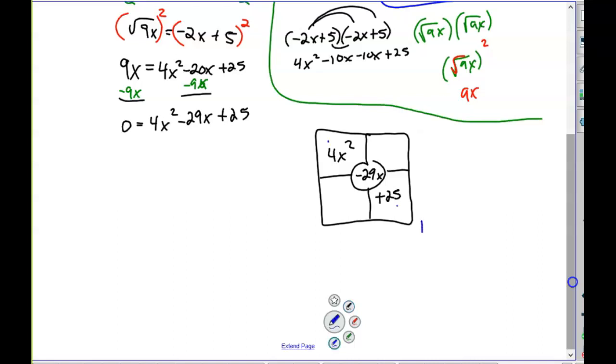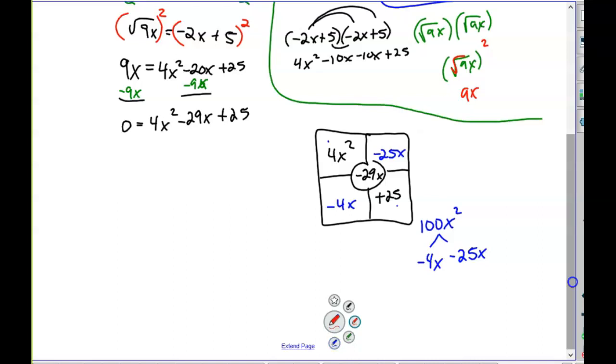So we'll multiply our two corners. And I'm thinking, what are the factors of 100 that add up to give me negative 21? And that's 4 times 25 is 100, so they're both negative. And then we'll pull out common factors.